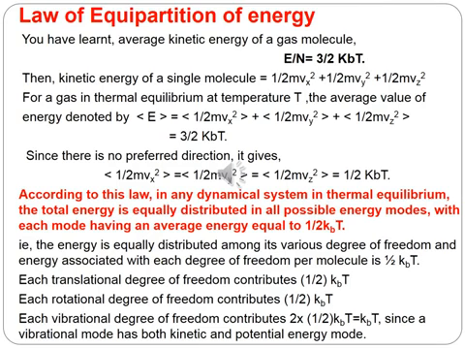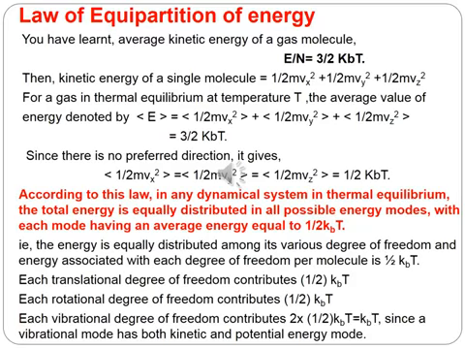For a gas which is in thermal equilibrium at a temperature capital T, the average value of the energy, denoted by E average, is the sum of the average kinetic energies along the x-axis, y-axis and z-axis.